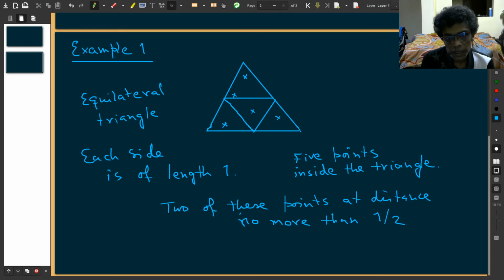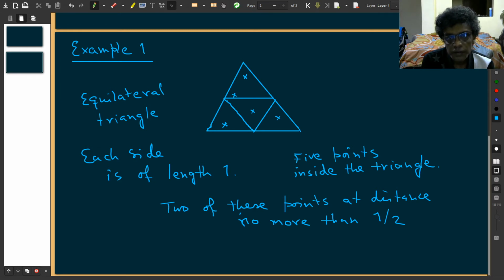Now, no matter how you position these 5 pigeons in these 4 holes, there will be at least one smaller equilateral triangle which will contain 2 points. And then it is easy to see that this total thing is 1, this length is half.